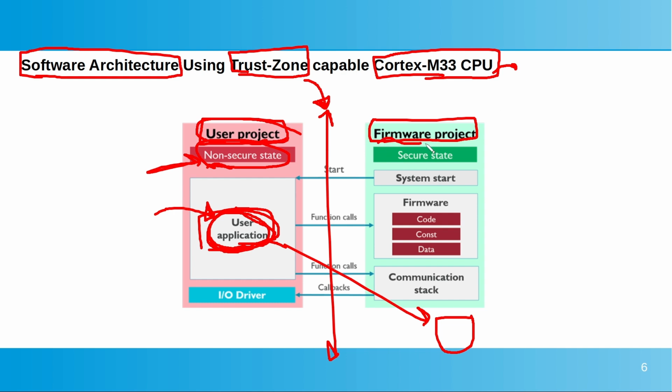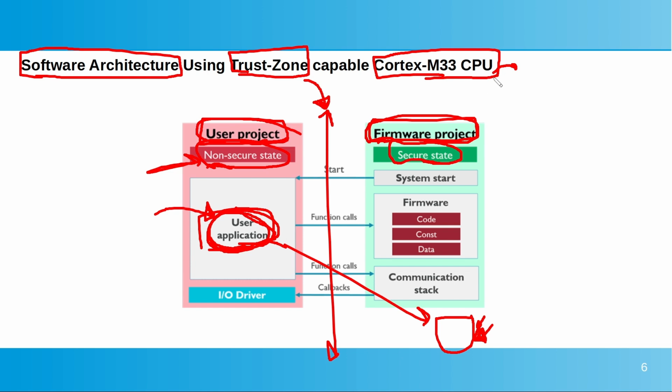Now, on the other hand, the firmware and the software that we do trust and is allowed to access those sensitive and secret information as well as sensitive hardware areas will be isolated in secure state.